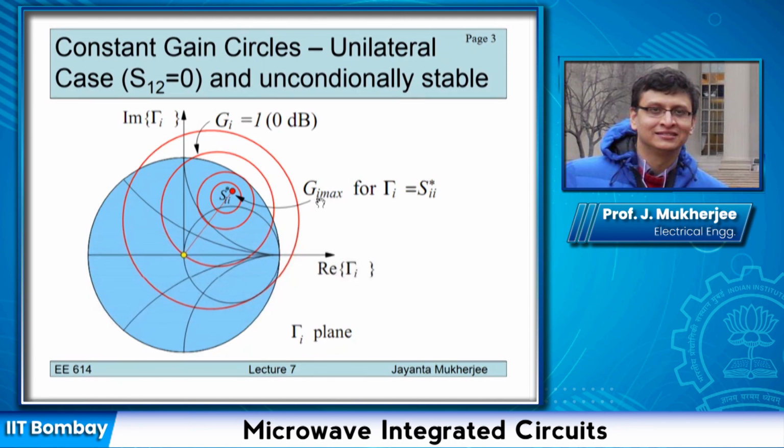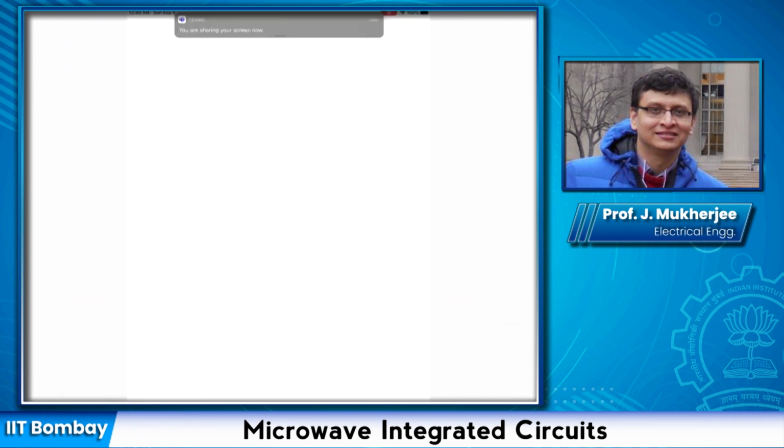So for the GI max circle, the radius is 0. As the gain goes on increasing, the radius keeps on decreasing till it reaches GI max. Okay. So this was the case when what we call it to be unconditionally stable.